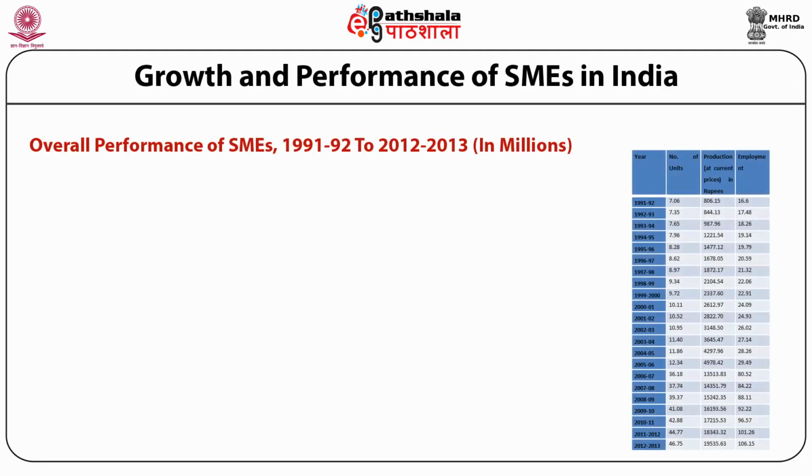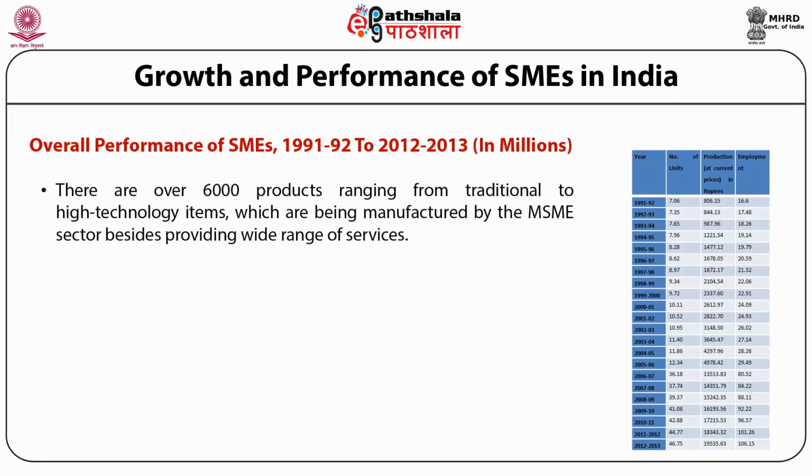Growth and performance of these SMEs in India. There are over 6,000 products ranging from traditional to high technology items which are being manufactured by MSME sector. Besides providing the wide range of services too.